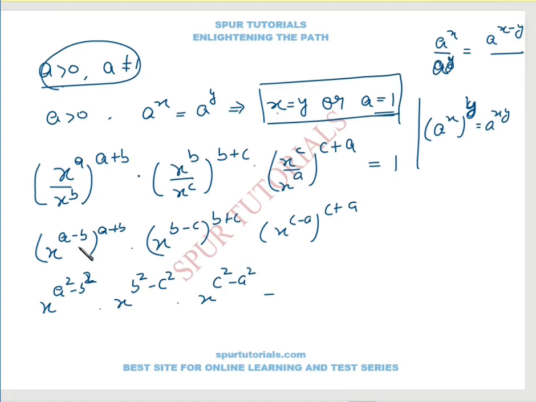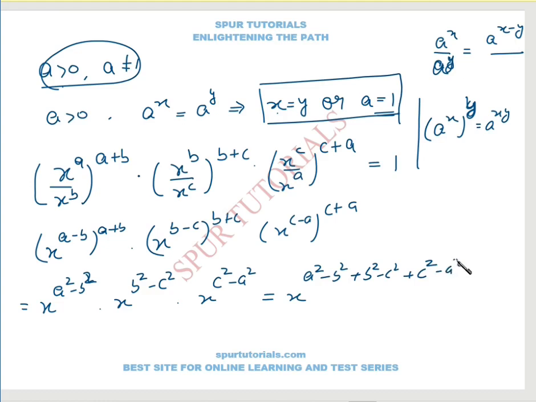So this expression is equal to this, and now you have three terms in product, and in each term the base is x. तो जब हमारे पास सेम बेस के साथ कुछ टर्म्स मल्टीप्लिकेशन में होती है तो हम उनकी पावर्स को क्या कर सकते हैं? We may add their powers. So this is equal to x raised to power a square minus b square plus b square minus c square plus c square minus a square.